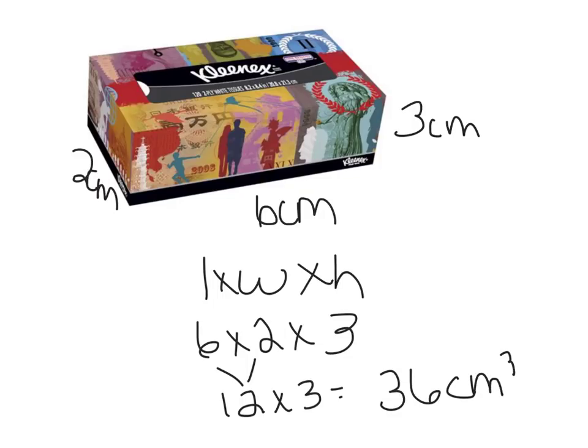All right, we are going to complete a project on Explain Everything, which is the app I use to create your videos. So the first part of this is you have to find a rectangular prism or a cube around the room.